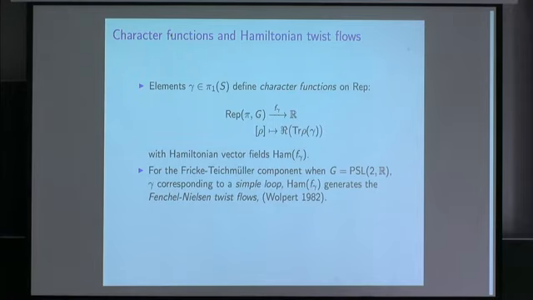Weil-Petersson metric, which I think should really be called Weil-Petersson space, as a symplectic manifold, and he showed that if you take f to be the length function, which is essentially equivalent to the trace, you get the Fenchel-Nielsen twist flow.